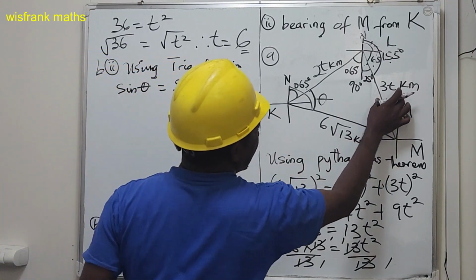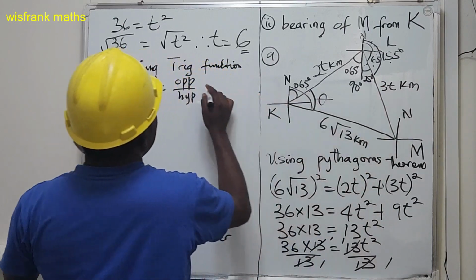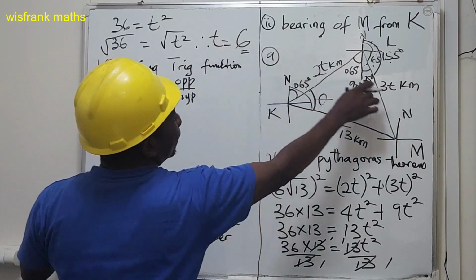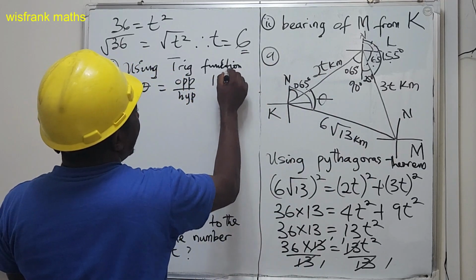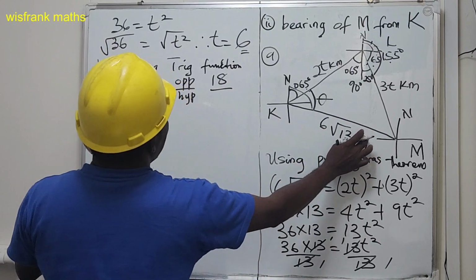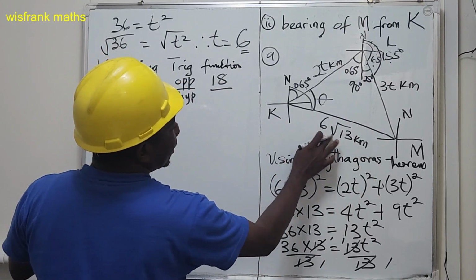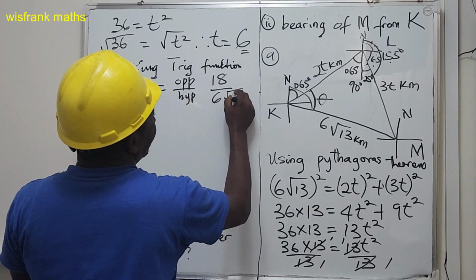The opposite side here is 3t. Our 3t here is 3 times 6, which is 18, all over the hypotenuse, which is 6 root 13.